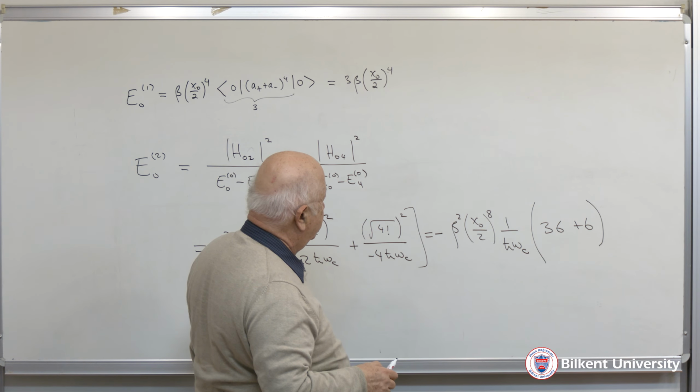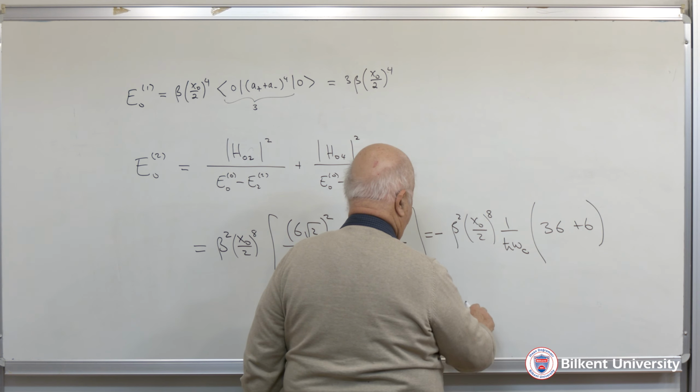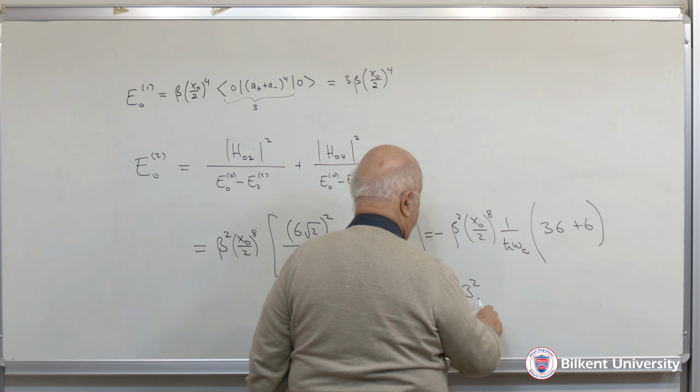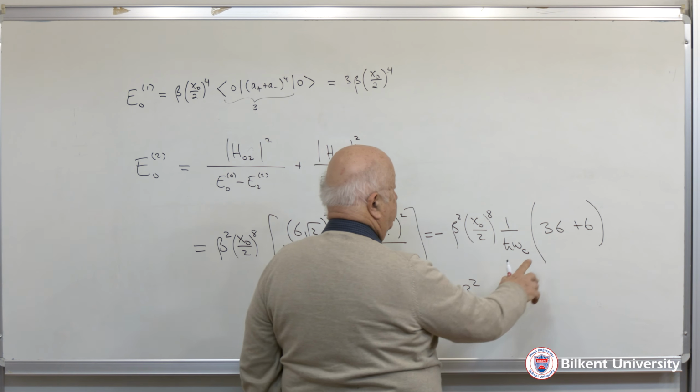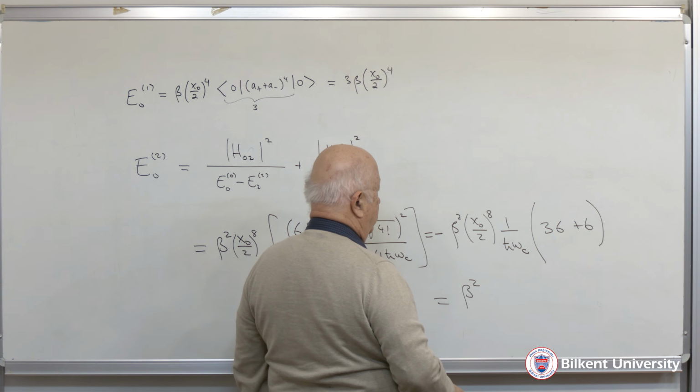So what will that give me? It's going to give me beta squared. Okay, so this is 18 plus 3 is 21.